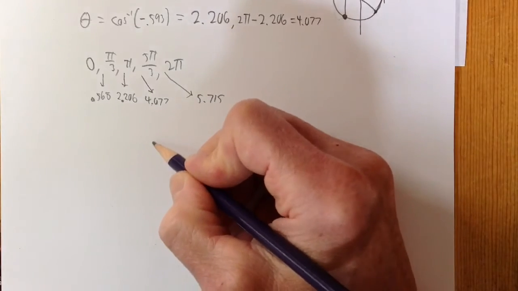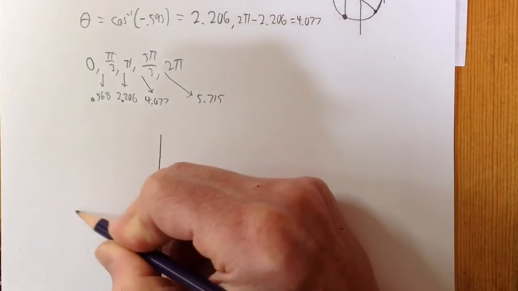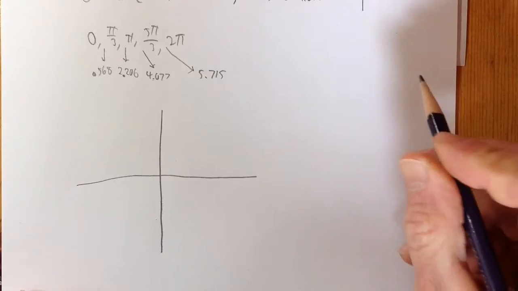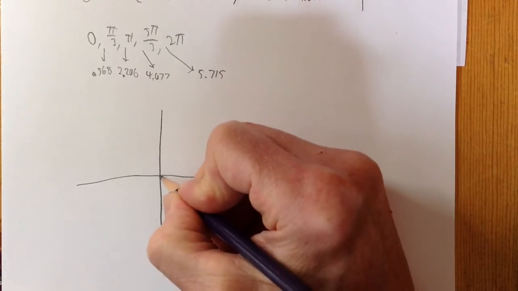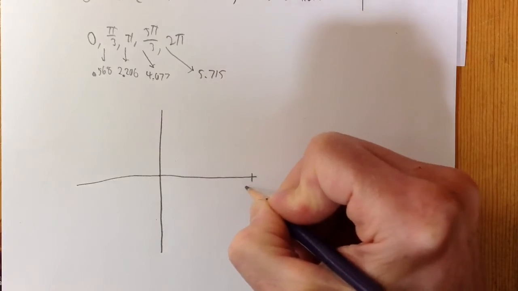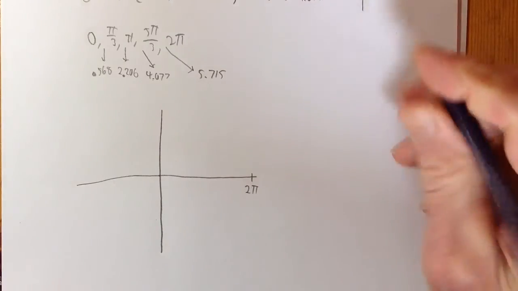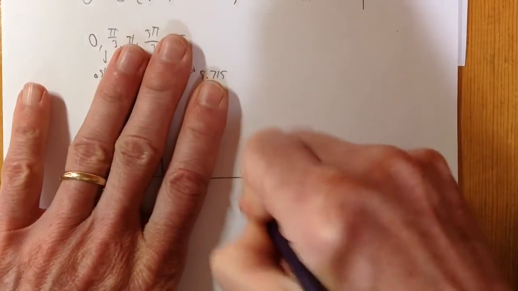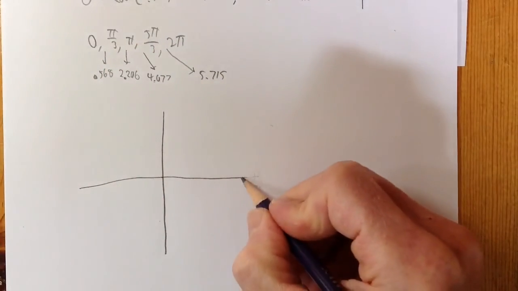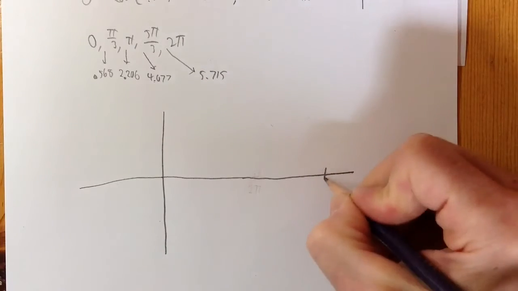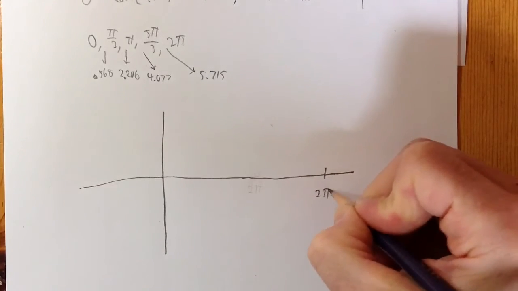So if we draw this, we know that we only go from 0 to 2 pi, so I don't need to put all that stuff over there. Let's put a 2 pi way over here, and I'll make it bigger because I can.